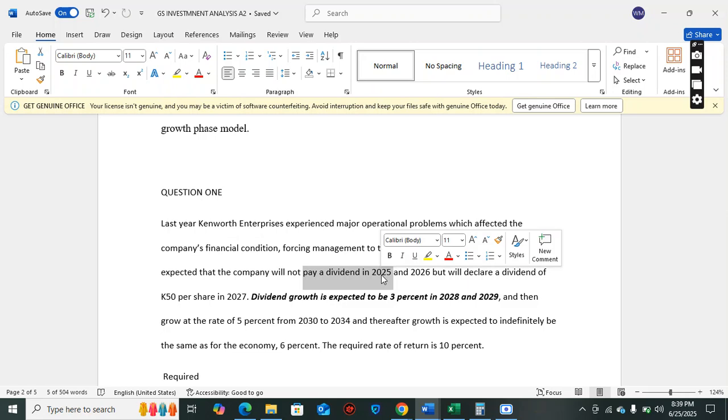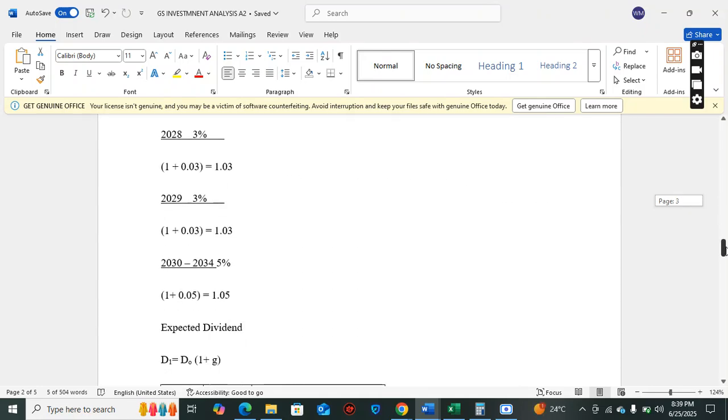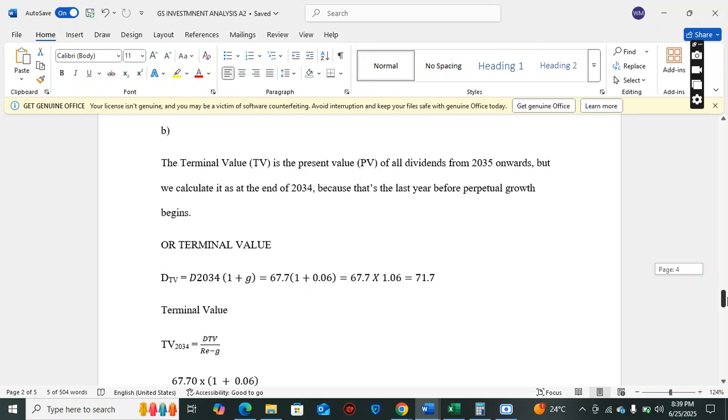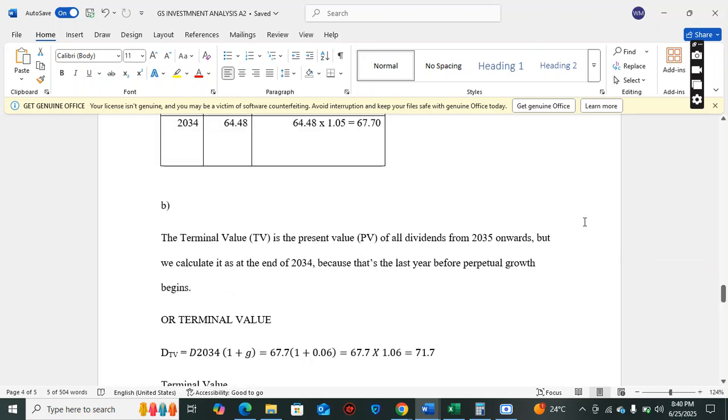So 2024 is your starting point. Now, as I said, this dividend grows at 3%, then it's also going to grow at 5%. Afterward, it's going to grow at 6% forever, in perpetuity basically.